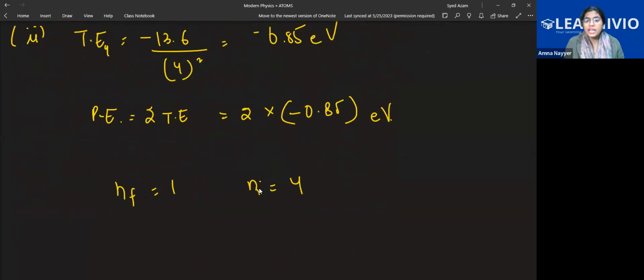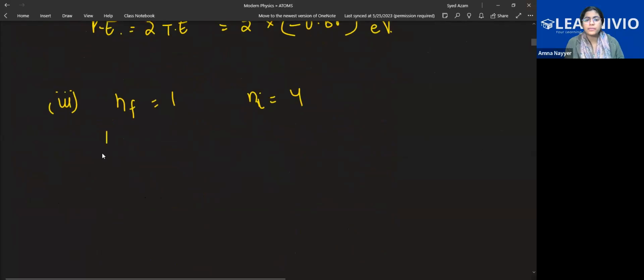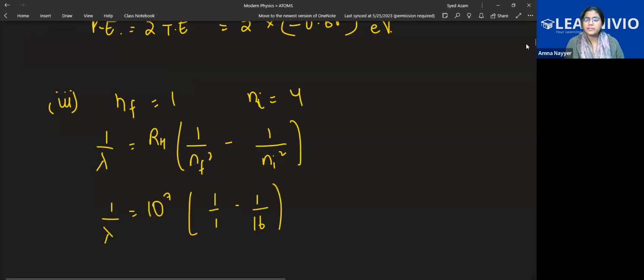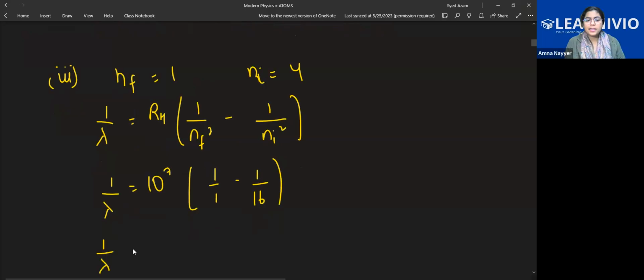So identification of N final and N initial is very important. Once you are able to identify N, then you can just put it into the formula. See, 1 by lambda is equal to Rydberg's constant, 1 by N final square minus 1 by N initial square. So 1 by lambda is 10 to the power 7 into 1 by 1 minus 1 by 16, which is 10 to the power 7 into 15 by 16.